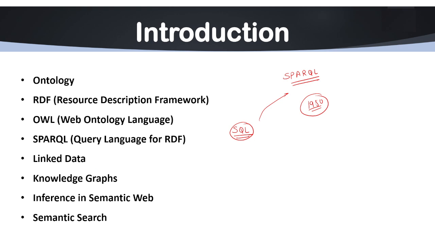Next we have linked data. Linked data means connecting related information across the web. It uses RDF and URLs to link knowledge globally. For example, Wikipedia.